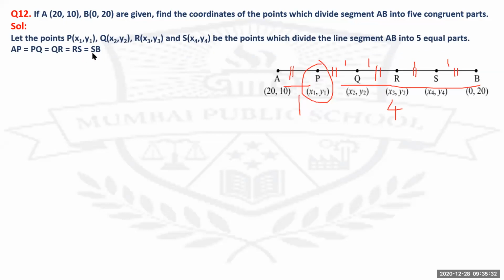Now again, after getting point P, you can apply the midpoint formula and get the coordinates of Q, R and S. That is totally depending on you, which formula you apply. By the midpoint formula and by the section formula, you are going to get the same answer. You need not worry regarding that.